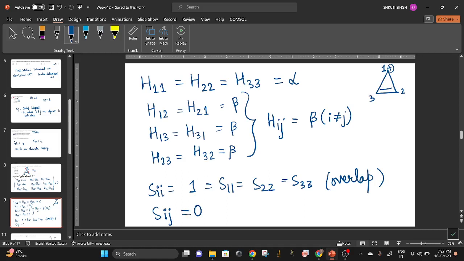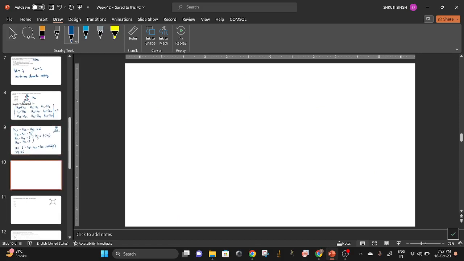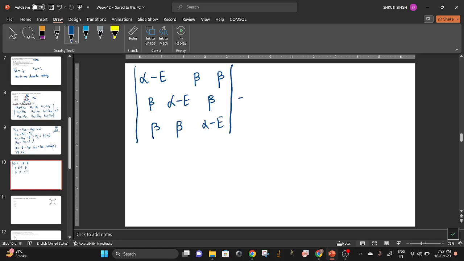Okay, so let's put these values in the secular determinant. It will be alpha minus E, beta, beta; beta, alpha minus E, beta; beta, beta, alpha minus E, equal to 0.